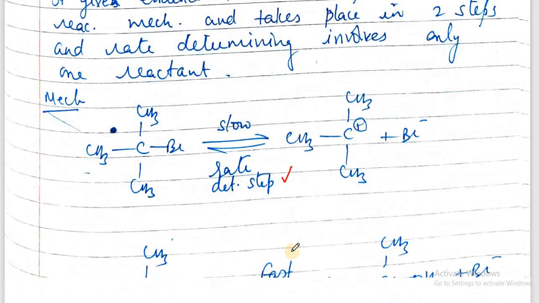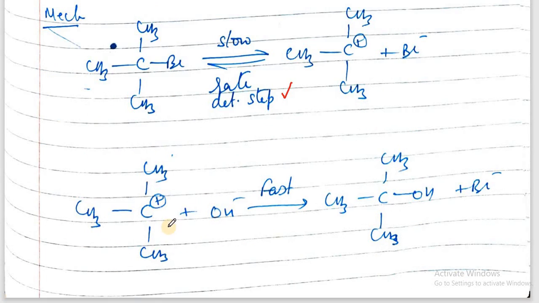And in the second step, this carbocation reacts with OH negative, and this reaction is fast and it gives the alcohol. So the reaction actually takes place in two steps, and the first step, which involves only one reactant, is slow and is the rate determining step.